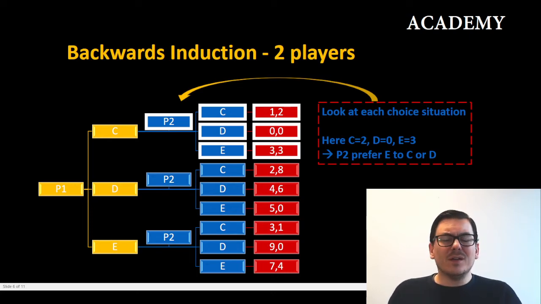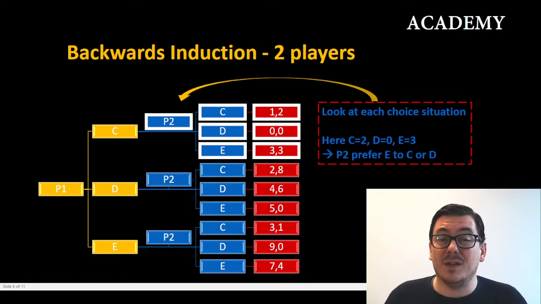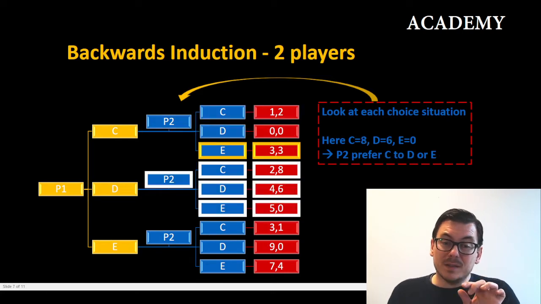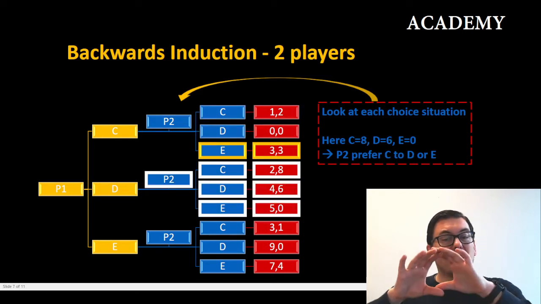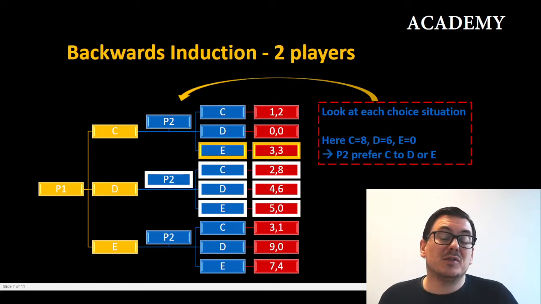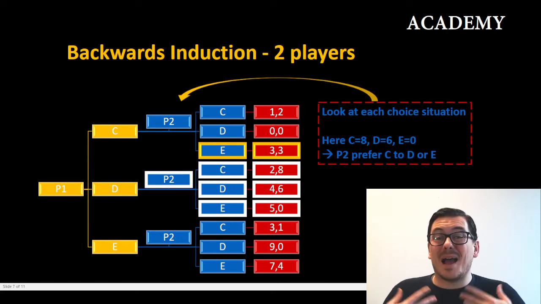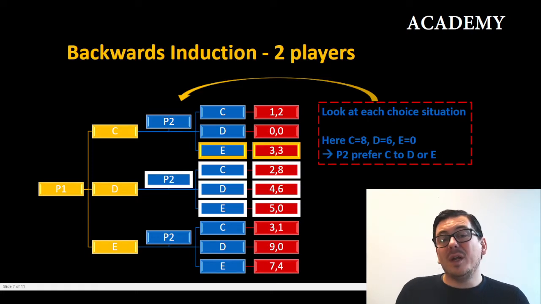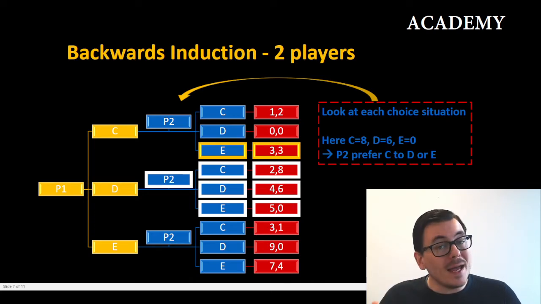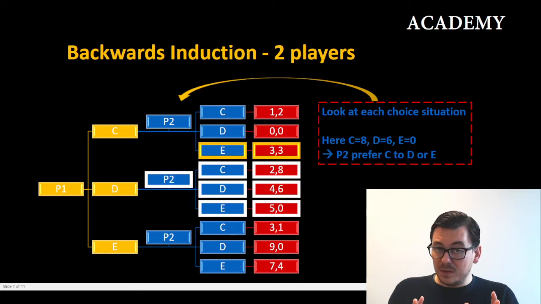So of course it is very clear here that player 2 would prefer E to C or D. So we mark this and say, okay, in the first situation, player 2 would prefer strategy E because it maximizes his payoff. We now move down to the second choice situation where player 2 again has C, D, and E. However, the payoffs are not the same.